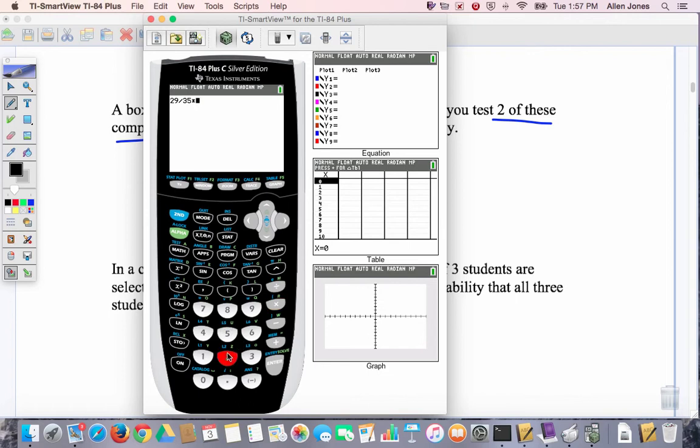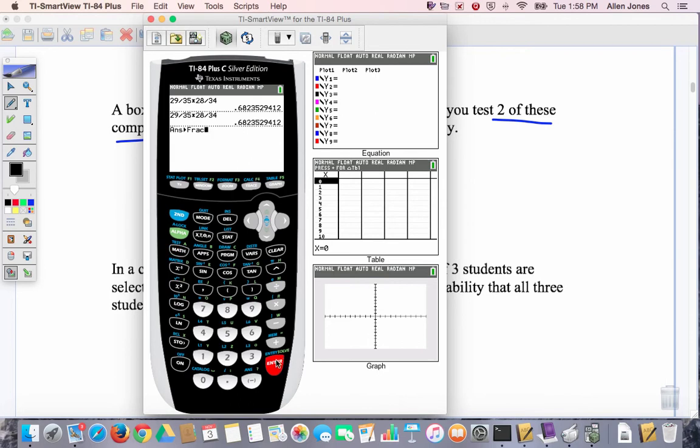Okay, so I'm going to clear here. And we had 29 divided by 35 times 28 divided by 34. Okay, so I just typed in my 2 fractions to multiply. I hit enter. It does give me my answer as a decimal. So as remember, our answer can be in a decimal, so we could write this down as 0.68235, whatever we wanted to write.